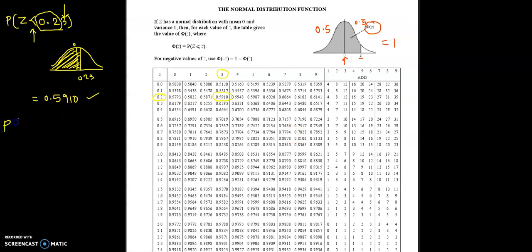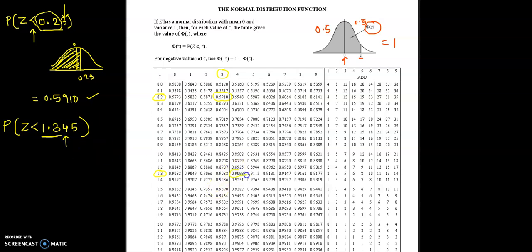Suppose the question asked to you is to find the probability z less than 1.345. Earlier, you have just seen 3 digits. Now I have 4 digits. So first I am going to check for the row 1.3. So my row 1.3 is here. Now search for the column 4.